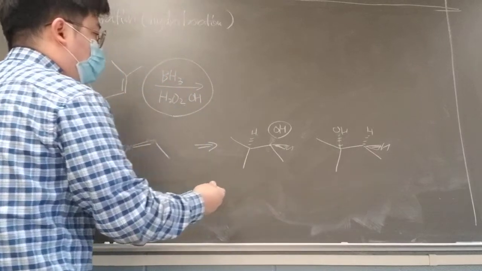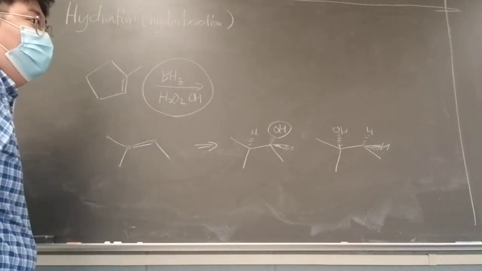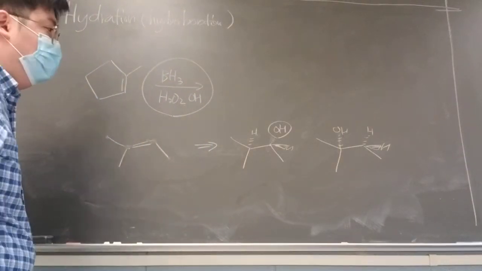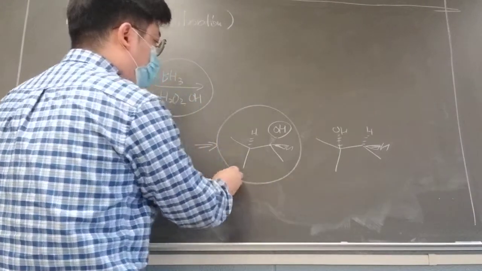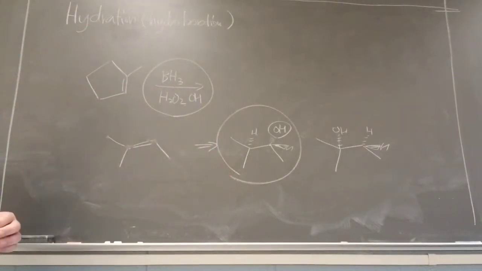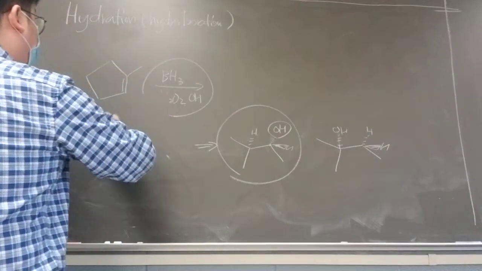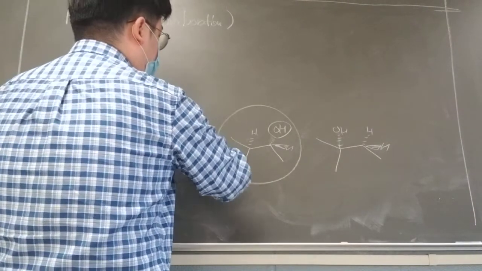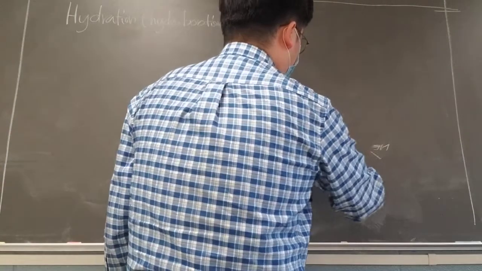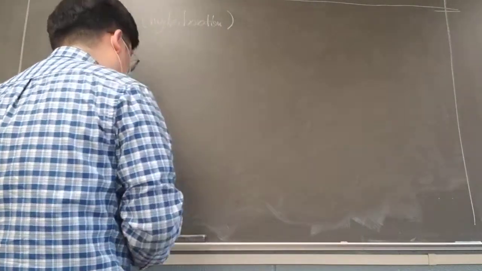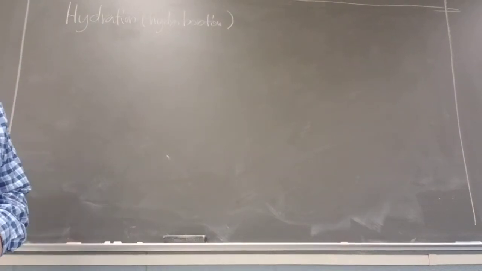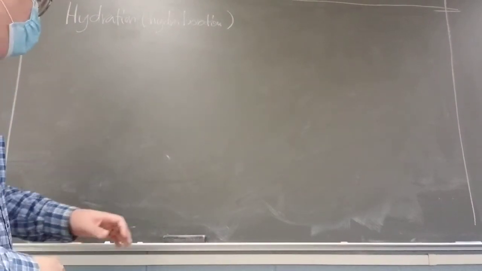That's why this will be less substituted this way. So this is the right one. Makes sense, right? Just one example here. We can try to apply the non-Markovnikov rule.